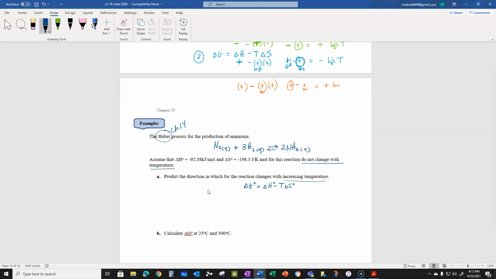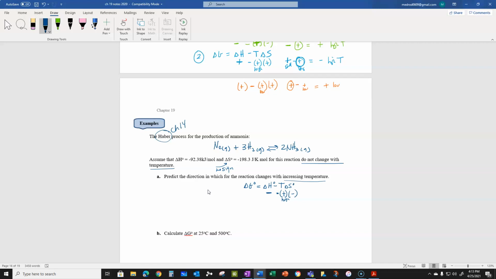Okay, so I know my delta H is negative, and I minus, we know temperature is positive, and it says right here, what's going to happen to delta G if this number gets bigger and bigger and bigger? And my delta S is negative. Okay, so I got all these variables. Now what I do notice is that these two are the same sign. And remember what happens when they're both the same sign.